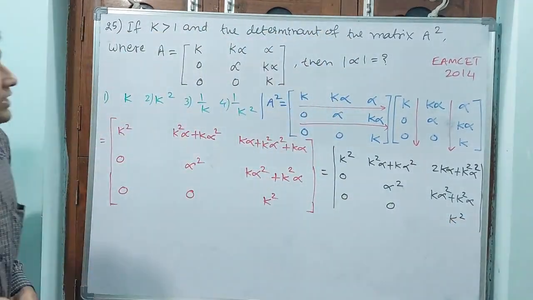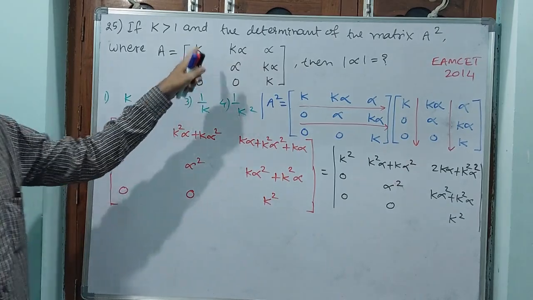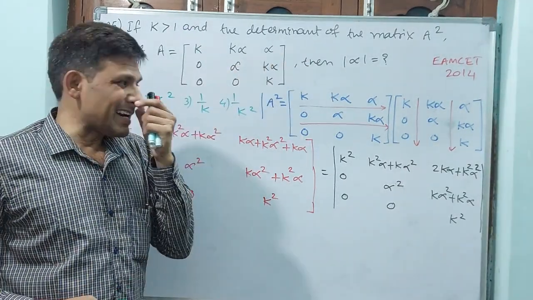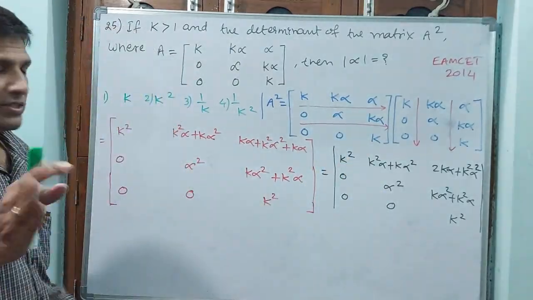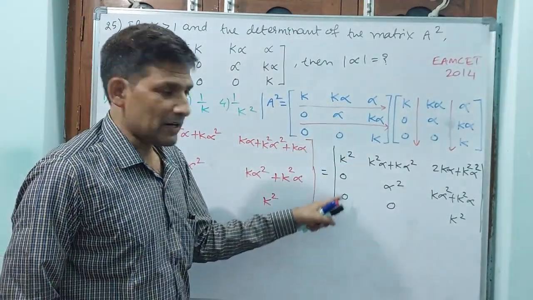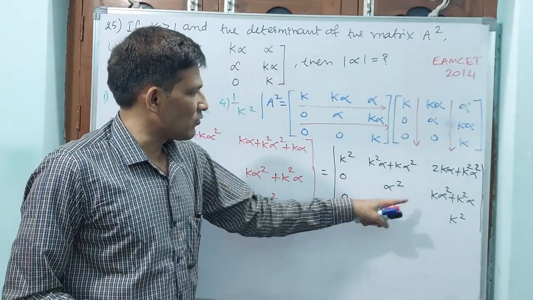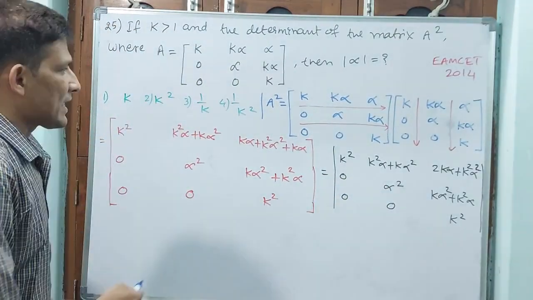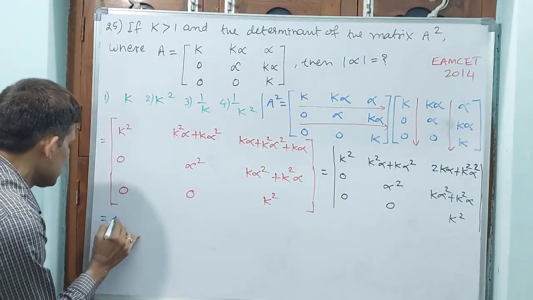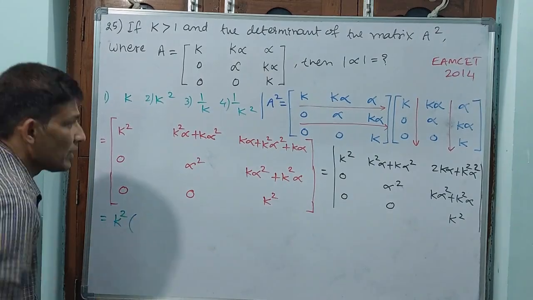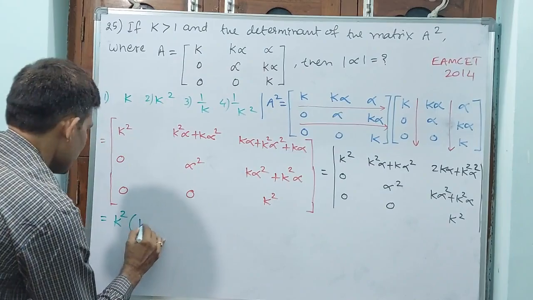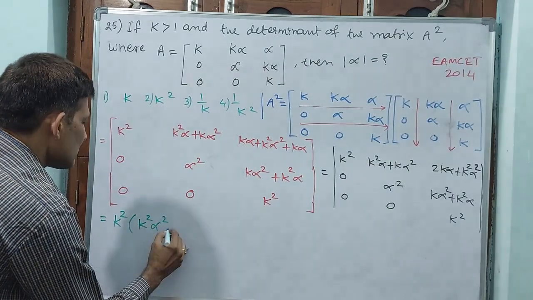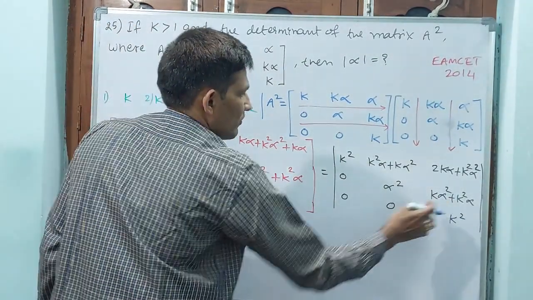Now you have to find the determinant. This is the matrix A square, and you find its determinant value through C1, because only one value you have to take, the remaining are all zeros. K square into K square alpha square, minus 0.